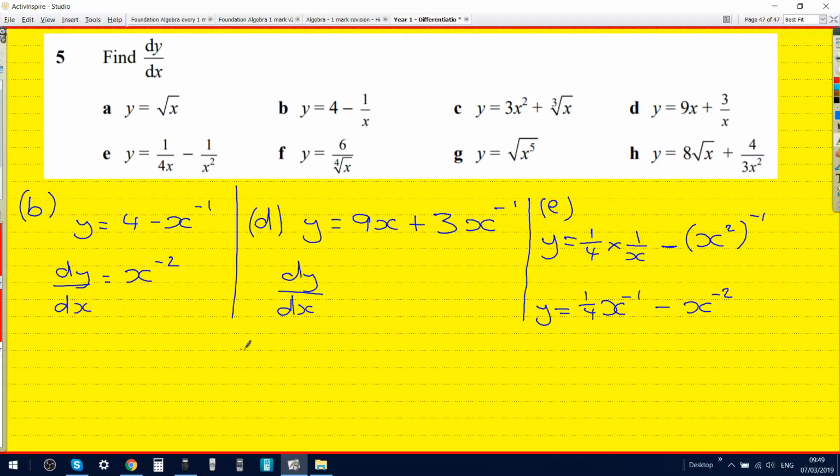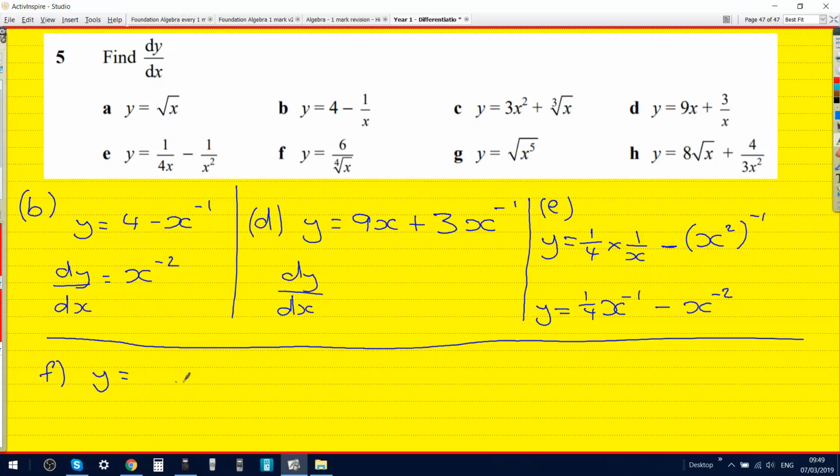Let's see. Okay, any idea about f? Just do it one step at a time. So what is the 4th root of x?